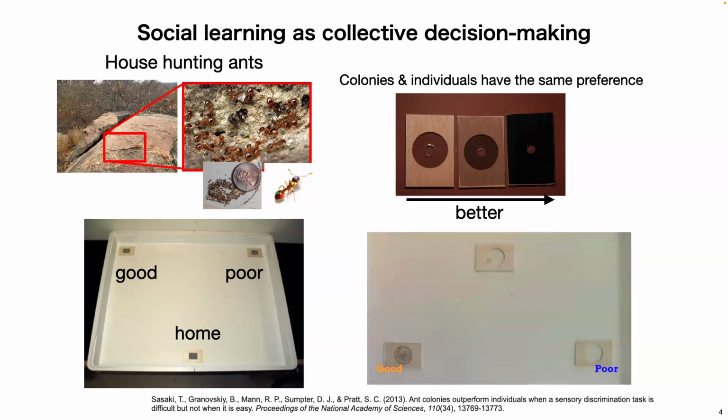For example, these ant species are known to perform, so to say, a kind of linear copying. At the mechanism level, they are known to use a tandem running recruitment system.